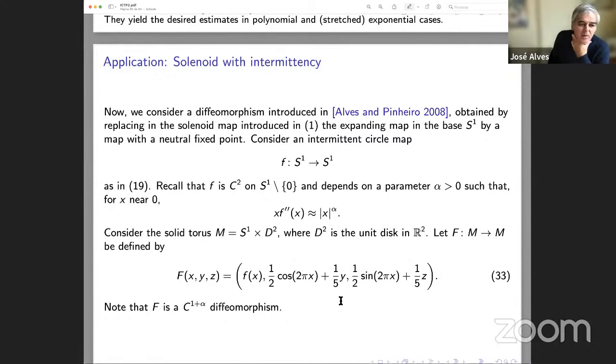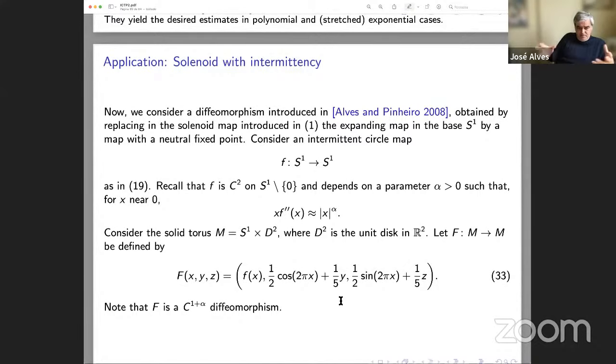What is the dynamics? We essentially go to the solenoid map, which I introduced in the very beginning of these lectures. I described the solenoid map as a skew product in S1 times disk. In the S1 direction, I took 2x mod 1. Well, we can take any expanding map in the S1 direction. And in the disk direction it is a uniform contraction.